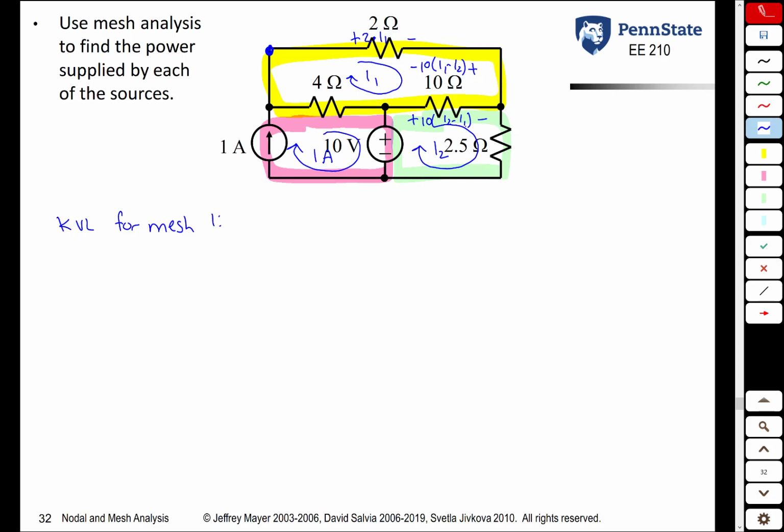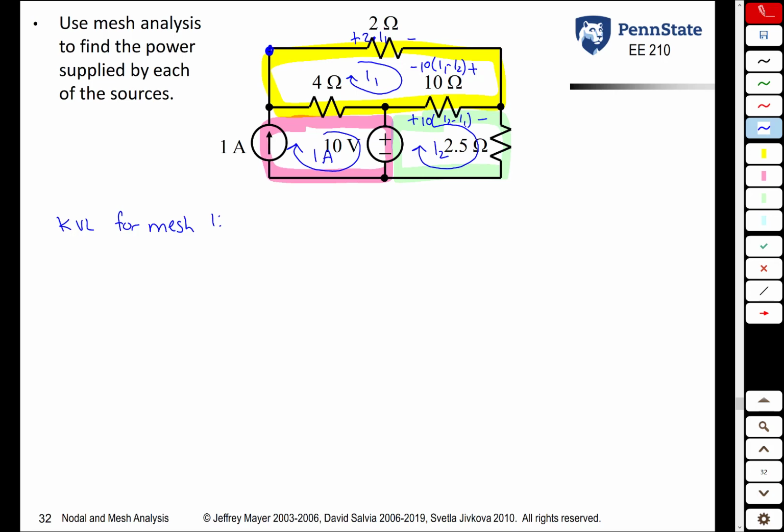So notice which current you put first depends upon where you put the plus and where you put the minus in the voltage. If you put the plus on the left and the minus on the right, you're going from left to right, so it's I2 minus I1. If you put the plus on the right, it's going to be I1 minus I2.